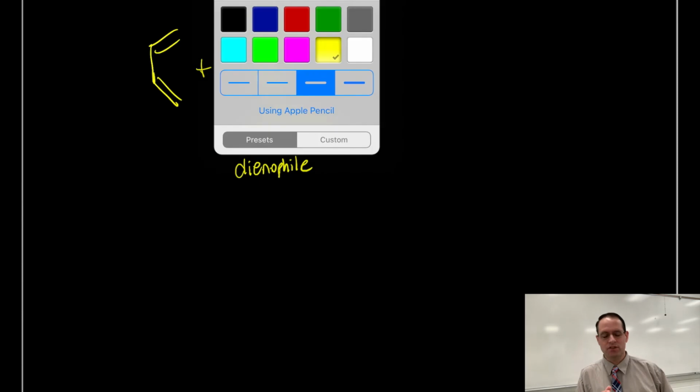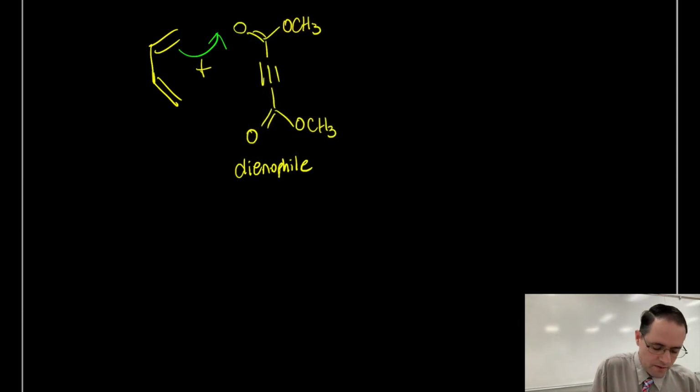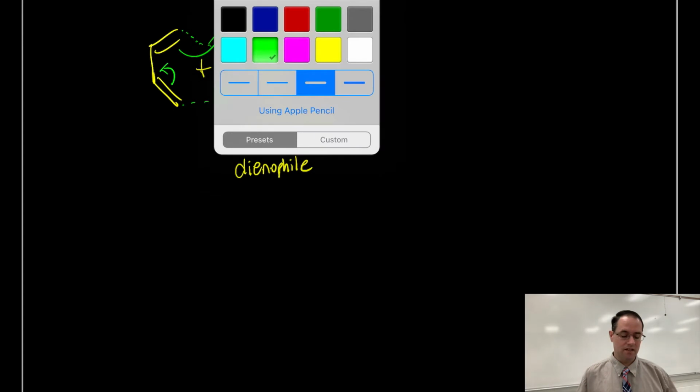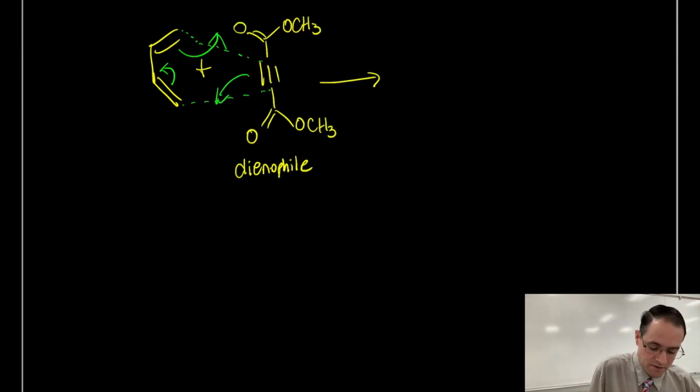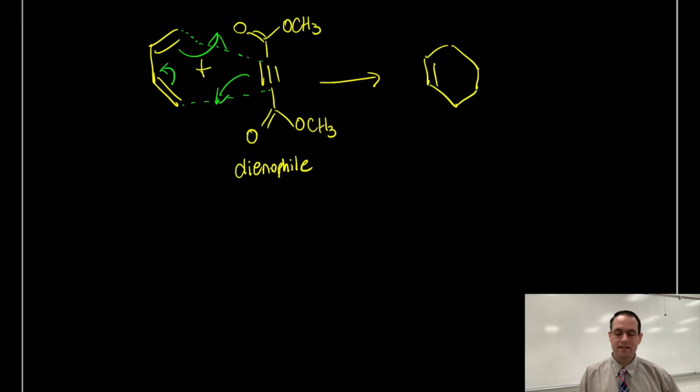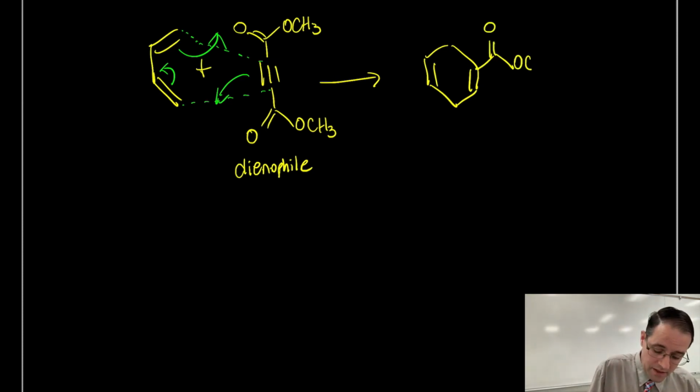So there's no cis or trans with an alkyne, and when these pi bonding electrons scoot around, you're going to form a carbon-carbon bond between those two dotted lines and a carbon-carbon bond between those two dotted lines. And if you pay attention carefully to the positions of the pi bonds, you will see that we have a pi bond on the left. That's our cyclohexene. This is our template. But on the right, the triple bond gets converted to a double bond, and then our two ester groups remain unreacted here.